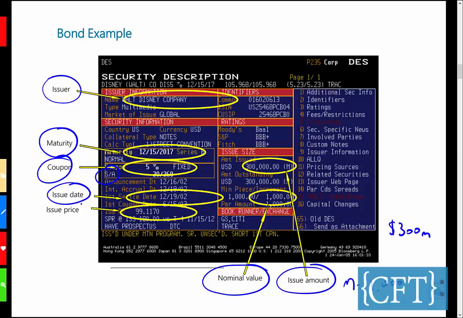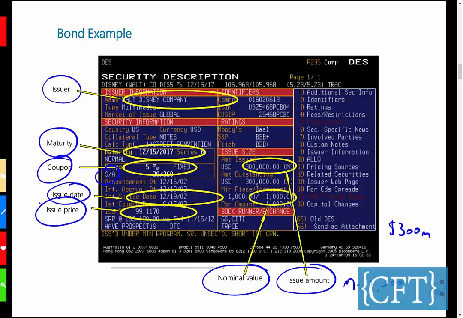And then the final thing to note, and can be a little confusing the first time you see this, it says the issue price for this bond, 99.1170. Now, that might seem a little confusing because I've told you the nominal value of this bond is 1,000, meaning if you buy this bond, you will get $1,000 back in 2017.